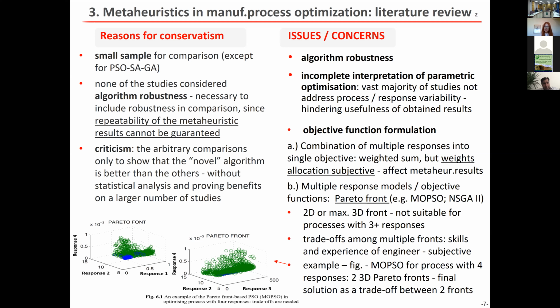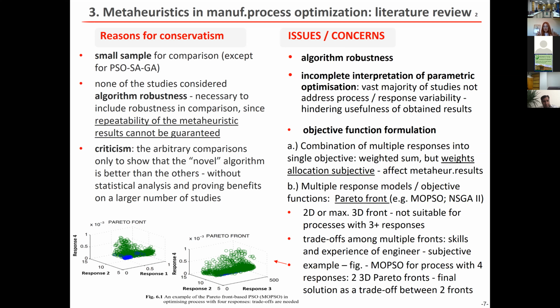There is another way to resolve that, using so-called Pareto front-based optimization algorithms. Here I show a small example. They are fine if you have only two objectives, or a maximum of 3. Then you have one graph and you can locate the points that you like. However, if you have several responses, more than 2, then there are multiple Pareto fronts.